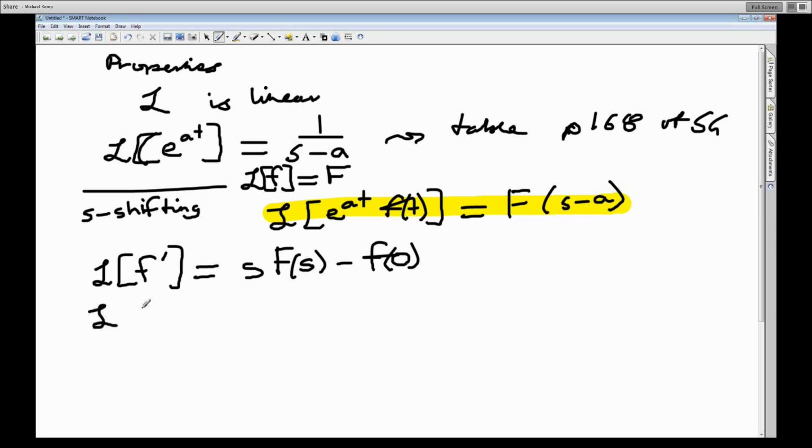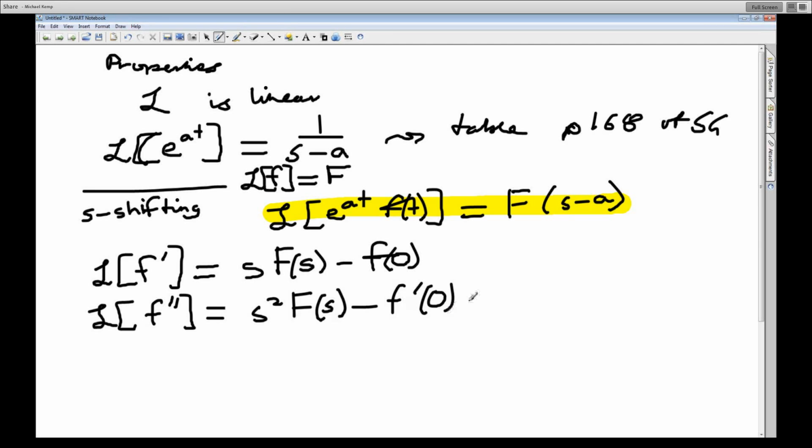And you do Laplace transforms of higher order derivatives too. Just a second order would probably be sufficient for us. So a double derivative would mean multiplying by s twice, roughly speaking. And then you get some initial value stuff cropping up.